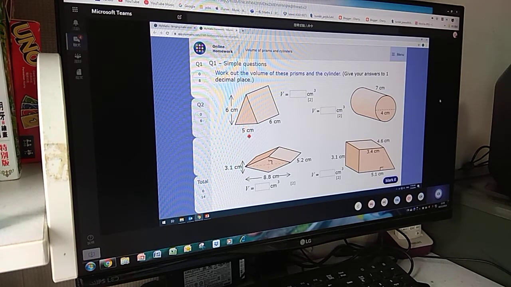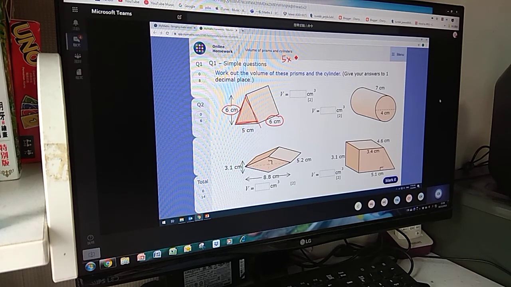For example, for the first one, we have a prism with a triangle base. Okay, this is the base triangle. Here is 5 cm, and the triangle height is 6 cm, and then this prism, the height is 6 cm. So first you have to calculate the area of the base 個底嘅面積. Okay, so remember for the triangle, the area should be this one 底乘高除2.